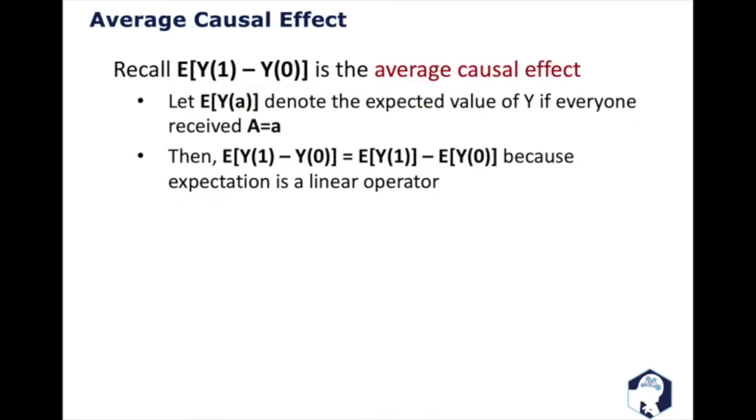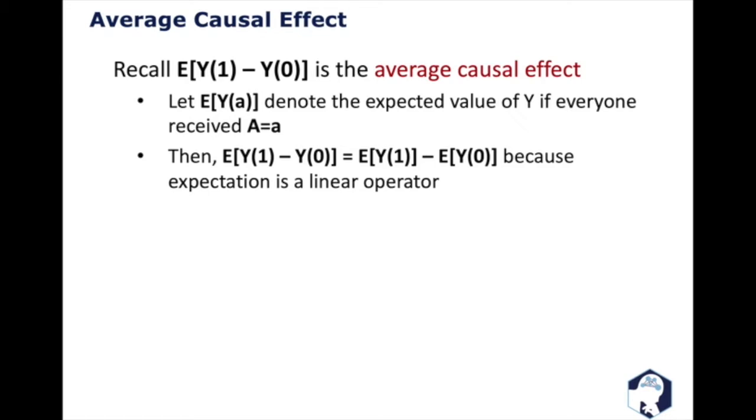Now let's go back to talking about the average causal effect. We're interested in this causal parameter, the expected value of the difference between the two potential outcomes. We're going to let this notation, the expected value of y of little a, denote the expected value of y if everyone receives treatment A equals little a. So this is still a potential outcome; we're just using more general notation.